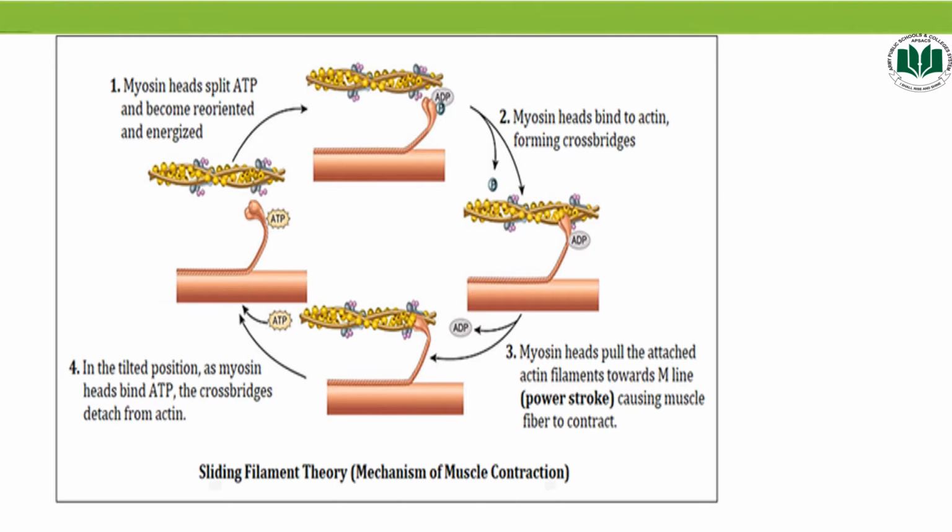So in the fourth step, the myosin head binds ATP and the cross bridges detach from the actin filaments. So the formation and breakdown of cross bridges occur again and again during the sliding of the filaments. Students, this is just like pushing the cloth backward by the teeth of a sewing machine.